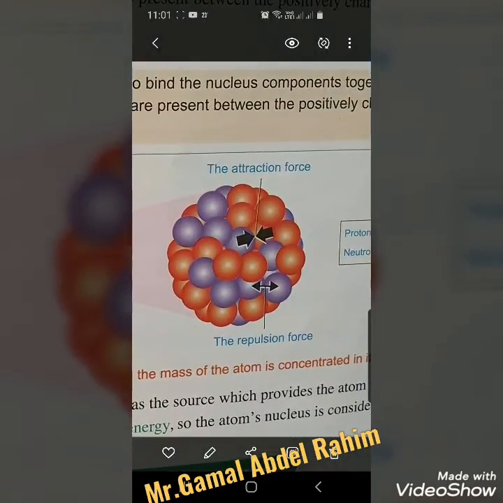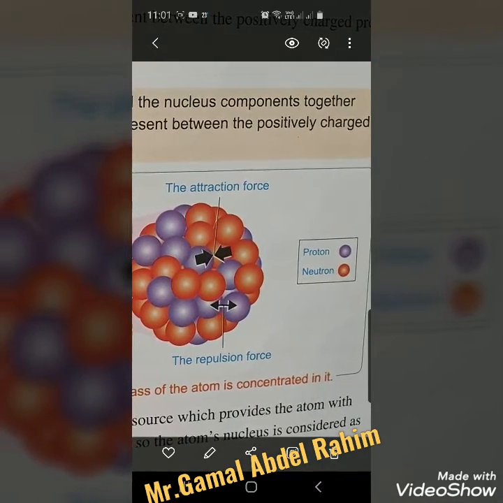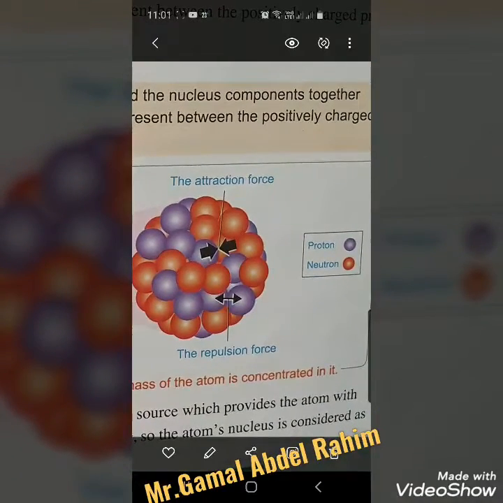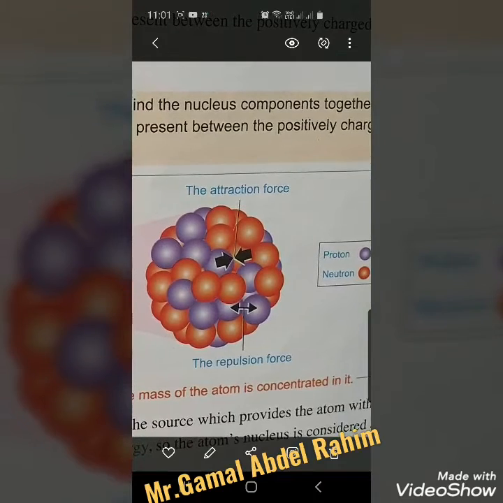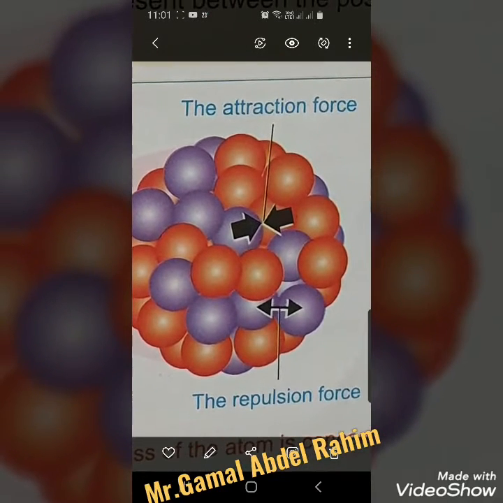If we look at this picture, we can see the violet particles, which are protons, and the neutrons in red color. We can see here a repulsion force between the protons because all of them have positive charge. But there is another force to overcome this repulsion force and make the nucleus stable.